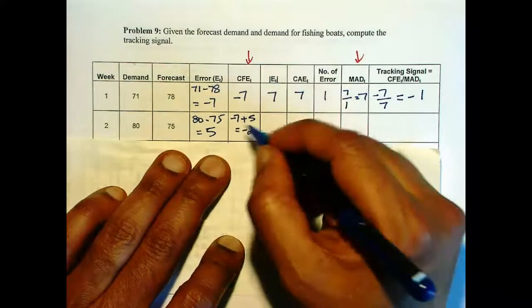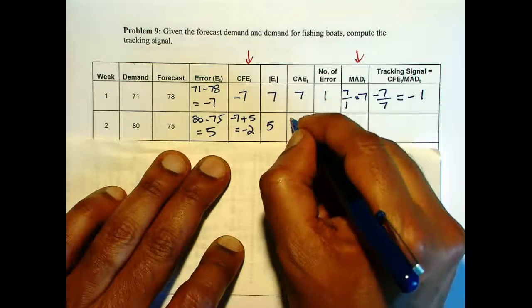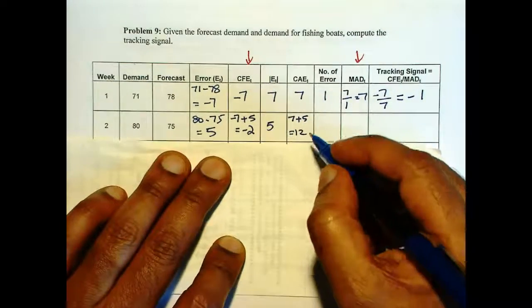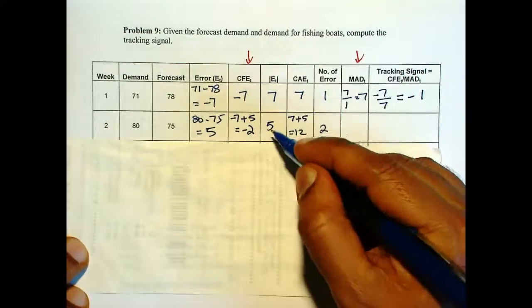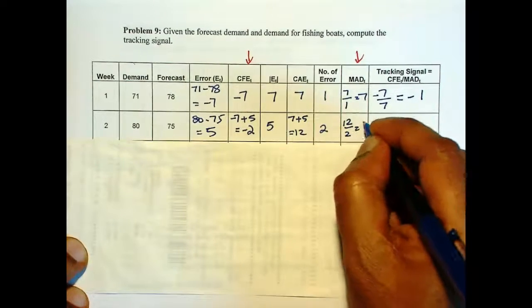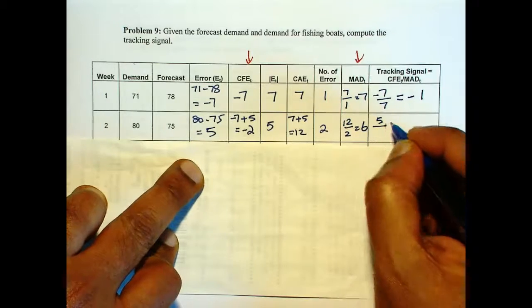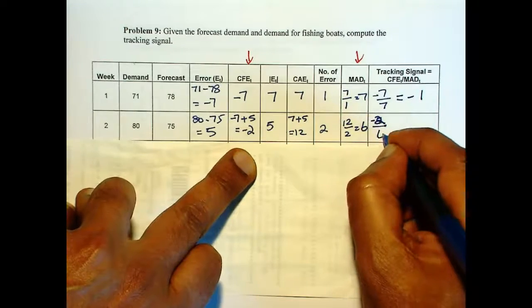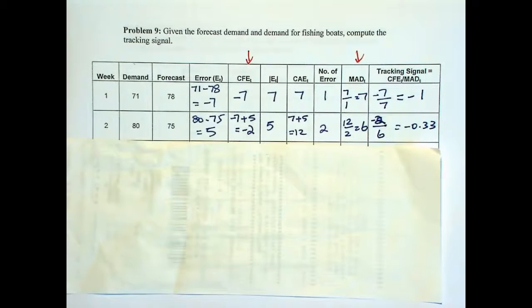Now the absolute error is 5, and for the cumulative absolute error you take the previous cumulative value and add the current one. This time there are two errors in it, the first one and the second one, so the MAD for week 2 is 6. So now the tracking signal is minus 2 over 6, which is minus 0.33.